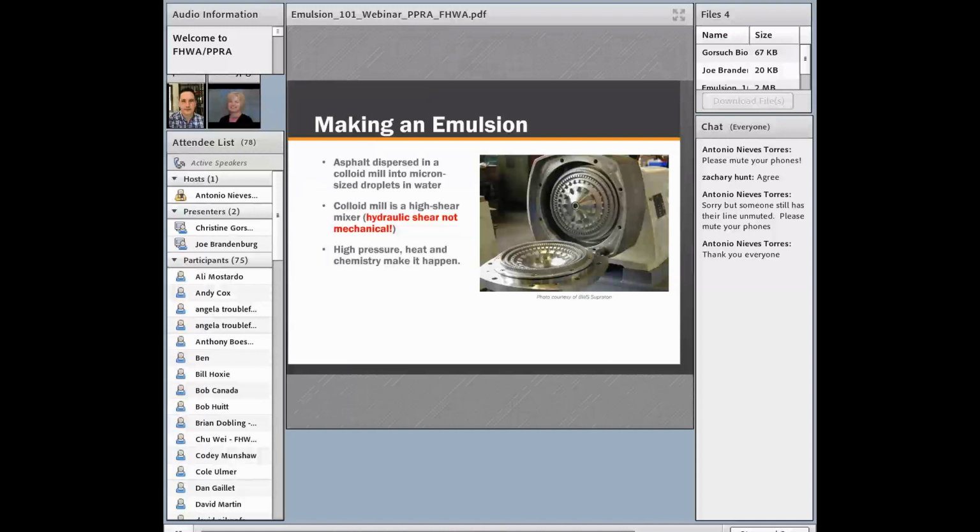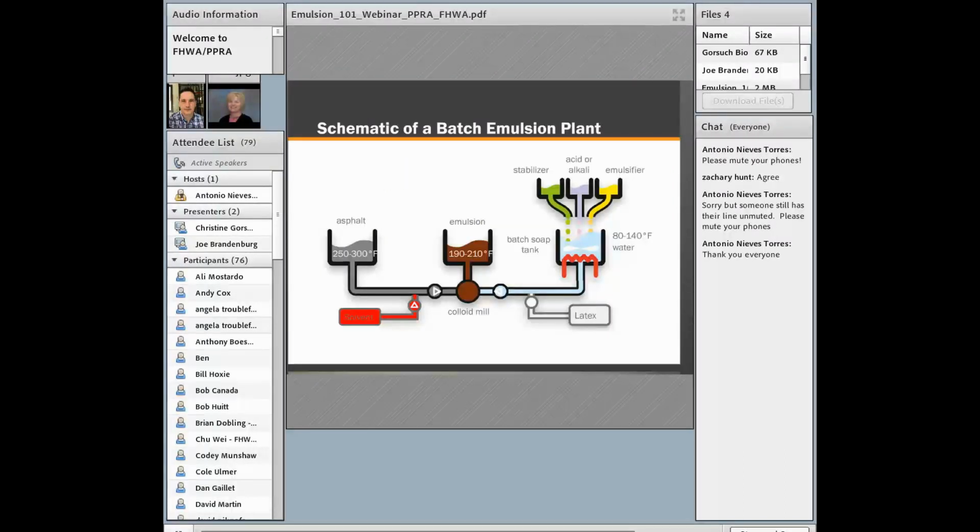So the tooling is a hardened stainless steel that can withstand acid from manufacturing cationic emulsions, whereas a mill that would be used to manufacture, say, SBS modified asphalt, either for hot mix or for emulsification, is more of a hardened steel that can withstand high temperatures, high shear, and a lot of tearing.